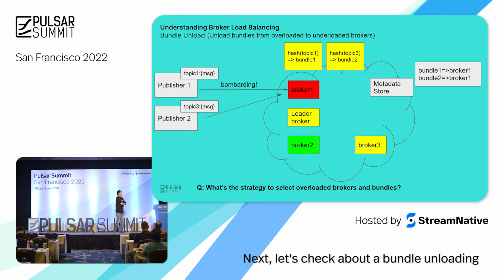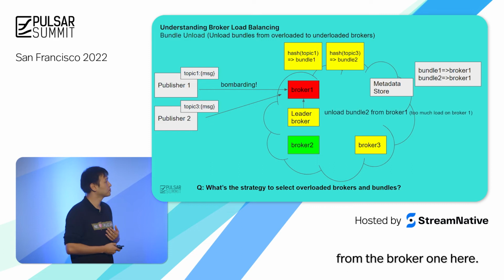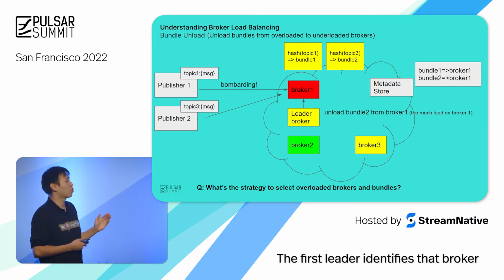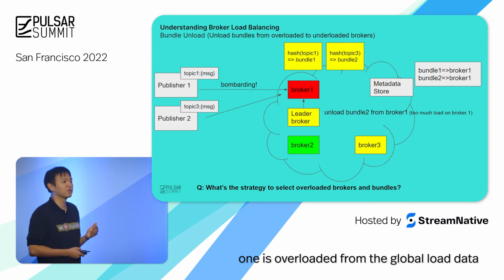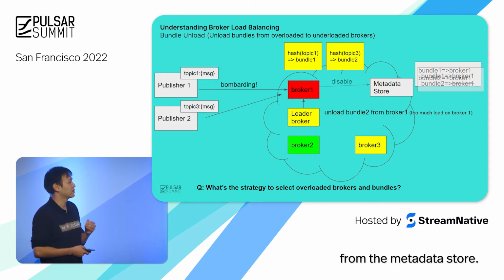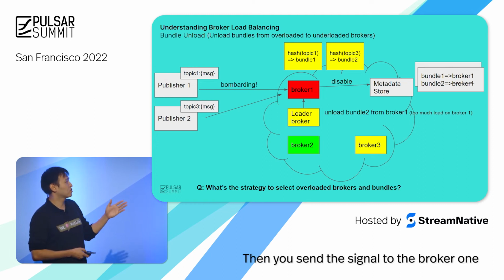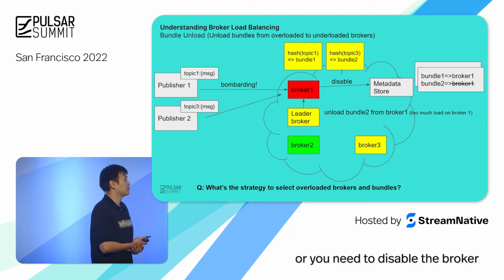Next, let's check a bundle unload example here. In this example, publisher 1 and publisher 2 are bombarding the broker 1. So we want to unload some of the bundles from broker 1. First, the leader identifies that broker 1 is overloaded from the global load data in the metadata store. Then it sends the signal to broker 1: you need to unload bundle 2 from the broker.